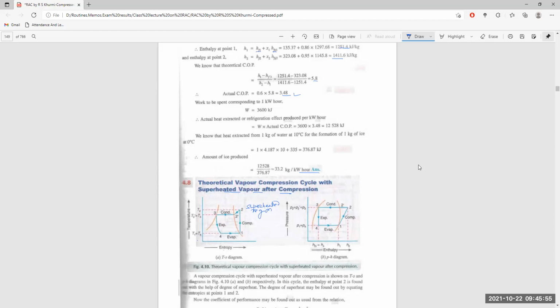This is the superheated region here, and so the point 2 is in the superheated region.